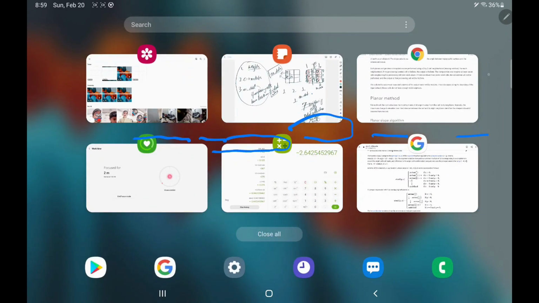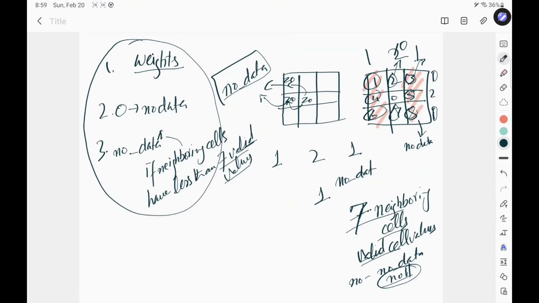So in the new formulation you have weights. These weights are used in the calculation of slopes. There will be no output if the center cell is no data, and the maximum allowed no data in neighboring cells is just 1.